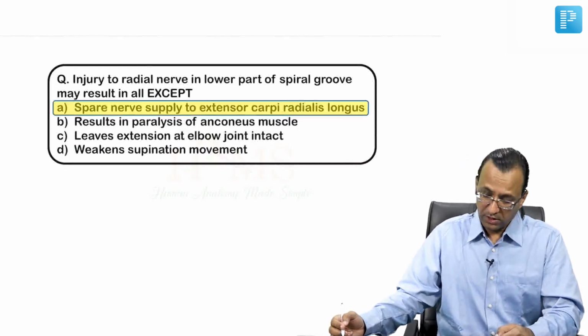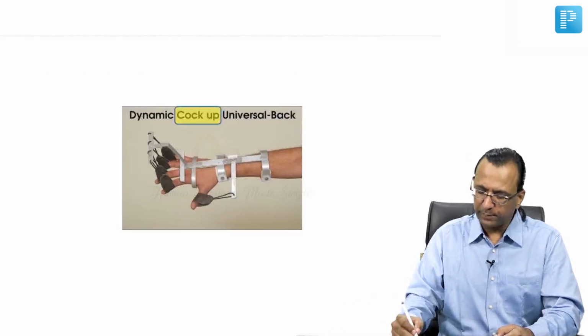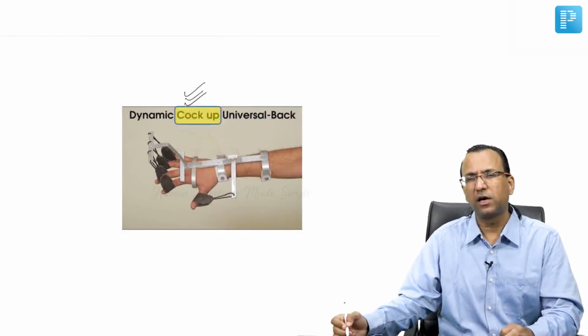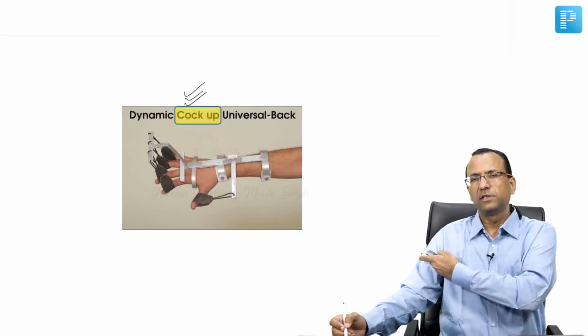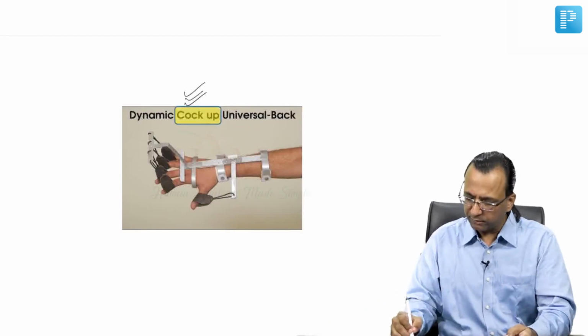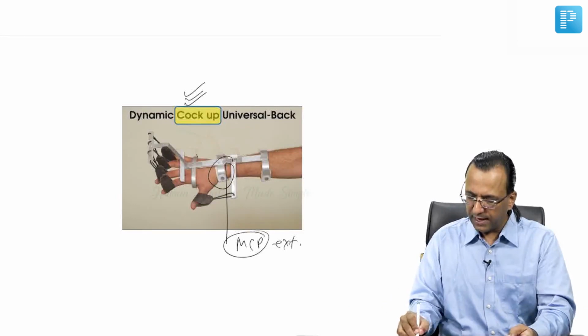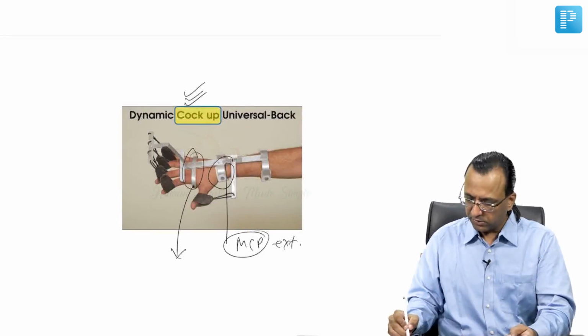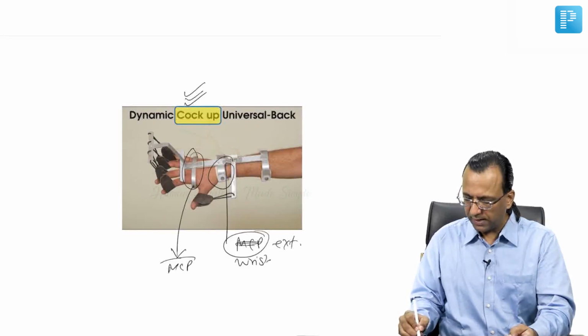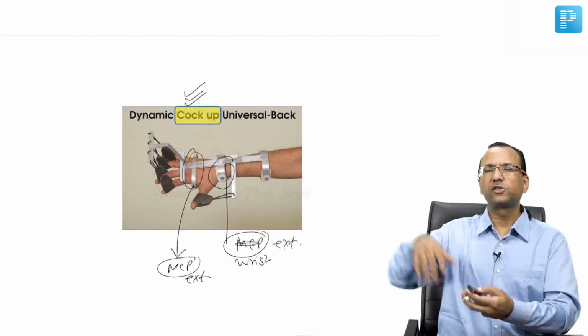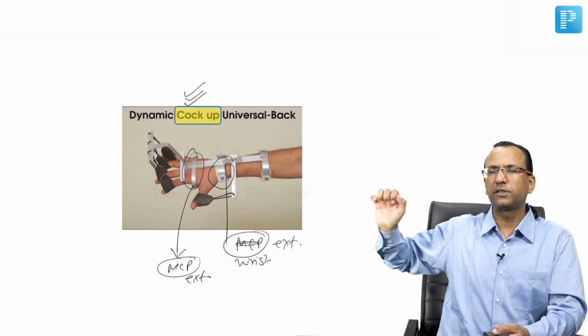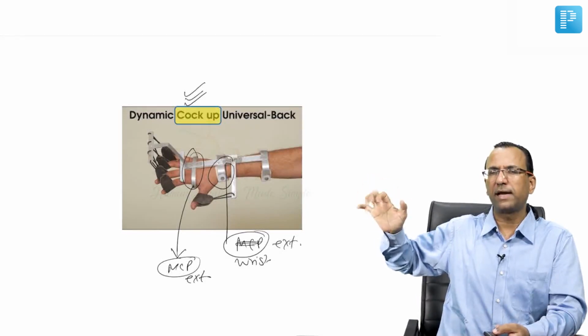Keep the answer. And you have to give a cock-up splint to the patient who has a radial nerve injury at a high level, because you have to keep the wrist joint in extension and the MCP joint in extension. So when there is a wrist drop, you keep the wrist in extension and MCP joint in extension. What about the IP? IP you don't bother.